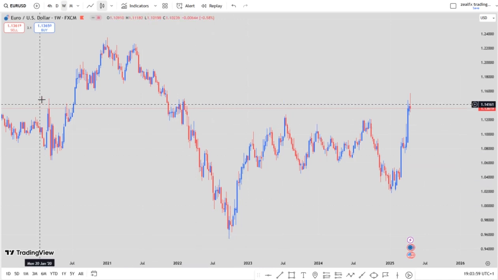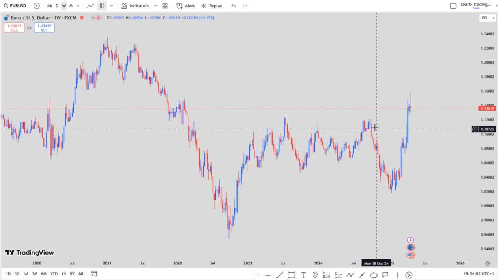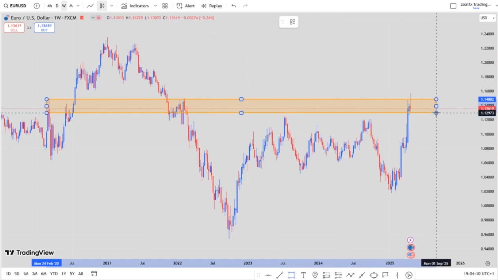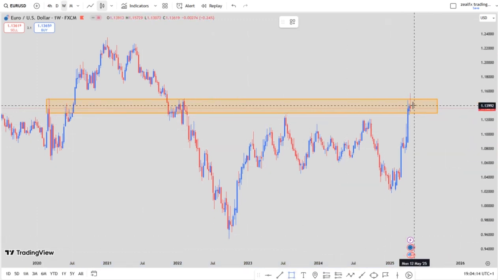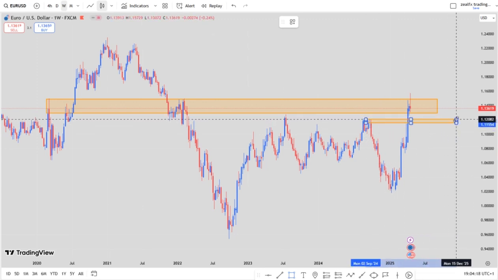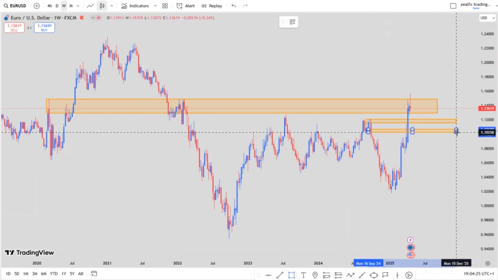So long as price closes on this resistance level, we expect the EURUSD to drop back to this next support level. Then we also expect price to drop to this next support level.